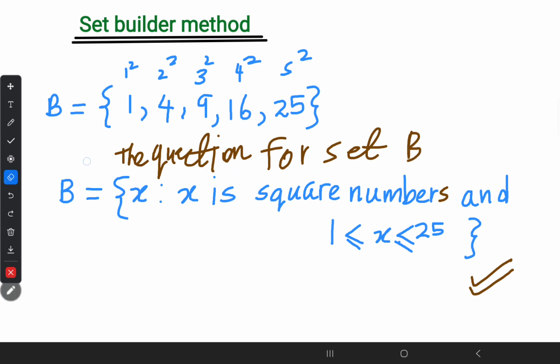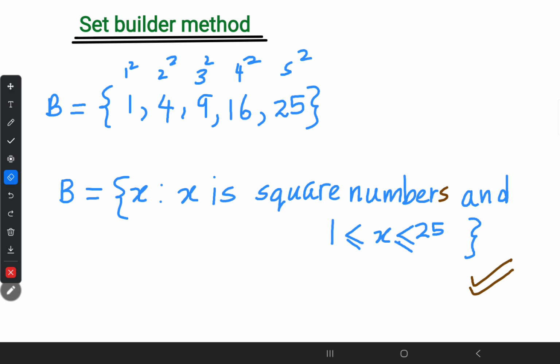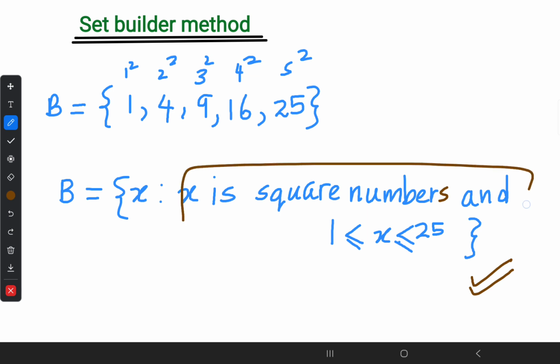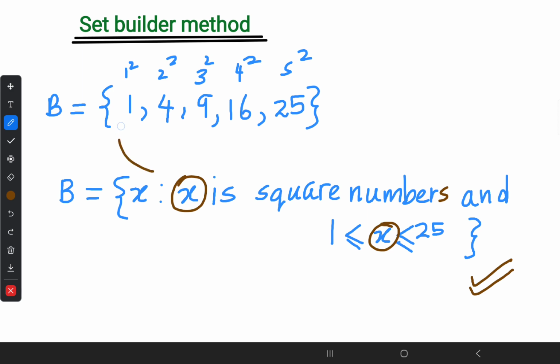So that's why we are using a random variable. We are considering the question for this particular given set as x. That is also a variable. This variable is denoting this specific feature. That's why we are using x colon. The x we are using here is interconnected with the previous question.